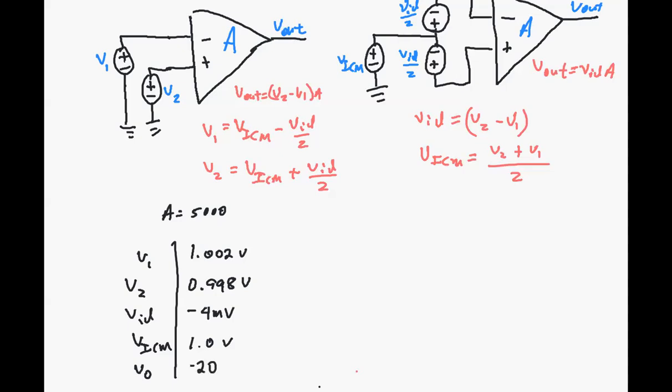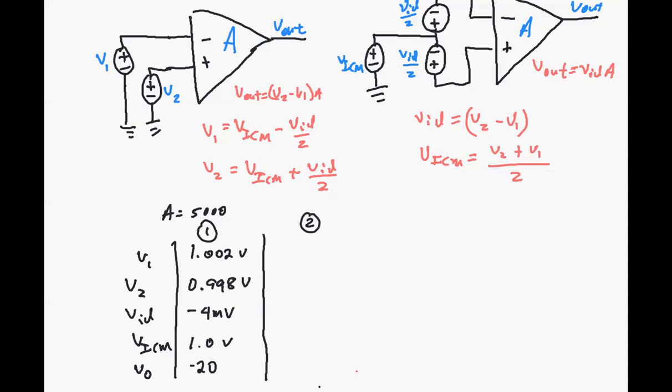So we had a gain of 5,000 volts per volt, and in one case we have an input differential voltage of 4 millivolts, and 5,000 times that gives us an output of 20 volts.